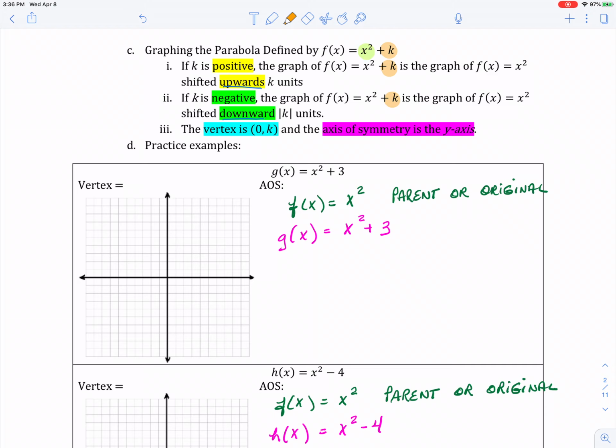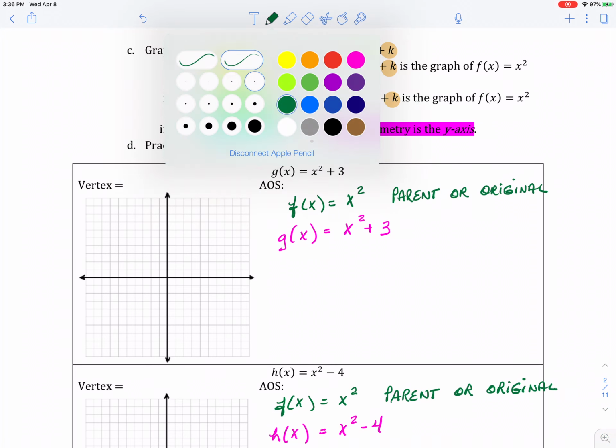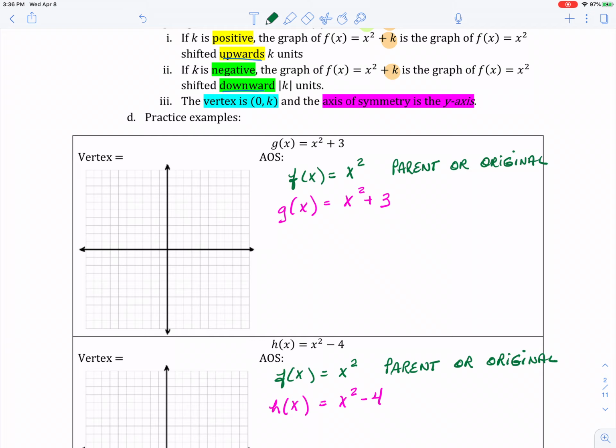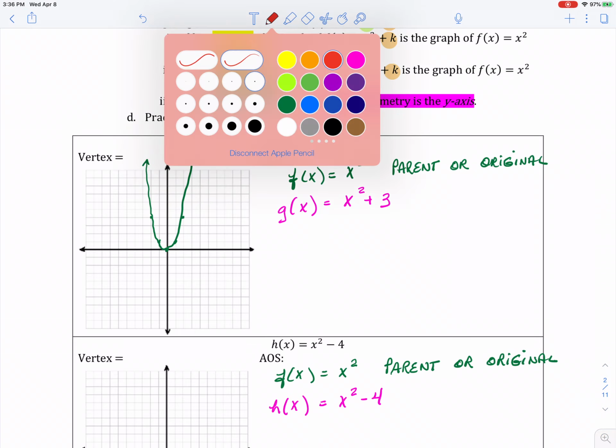So we're going to do some real quickly here without plotting a bunch of points like we did before. So I'm going to just roughly sketch in real quickly here what the parent looked like. Remember, that's our basic starting parabola, so there's the parent. Now the one in pink, g of x, the name of the function is g, is going to shift up 3 units.